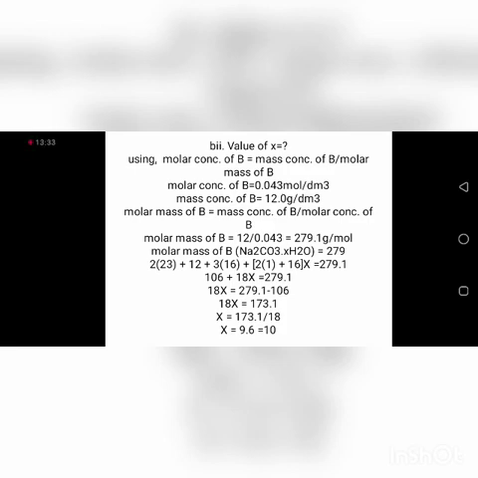X is outside because it's XH2O. After calculating that, at the end you have 106 plus 18x is equal to 279.1. From there, we collect like terms: 18x is equal to 279 minus 106, and 18x is equal to 173.1. So x at the end will give us 10. So the value of x is 10. The formula for the base is now sodium carbonate dot 10 H2O. So we have calculated the value of x.